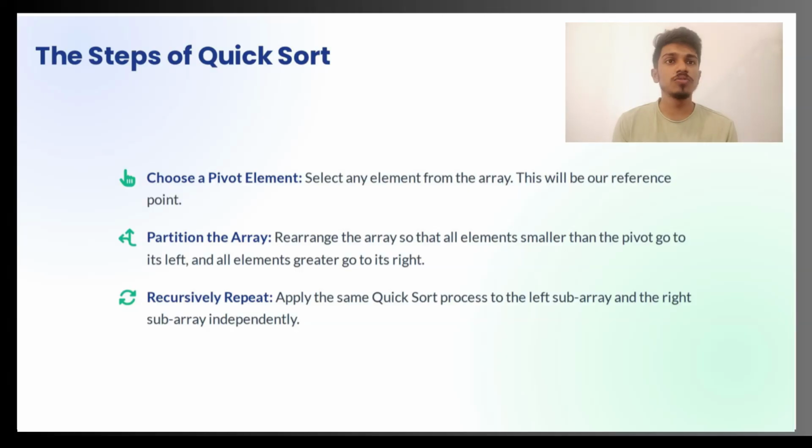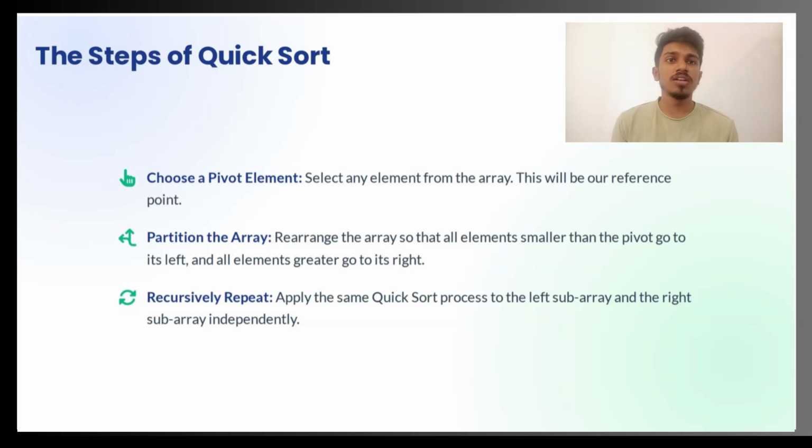Okay, after choosing a pivot element, now we see the second step. In the second step, we partition the array. This is a crucial step where we rearrange the elements so all numbers smaller than the pivot are placed to its left and all greater numbers are placed to its right.